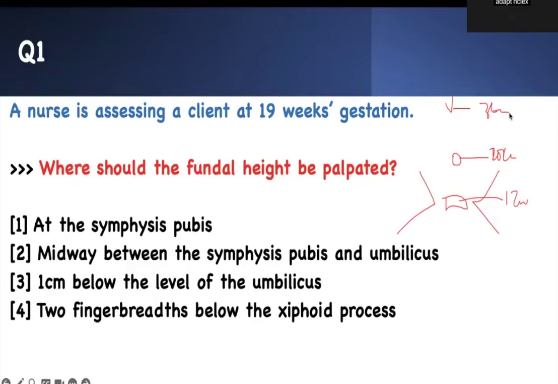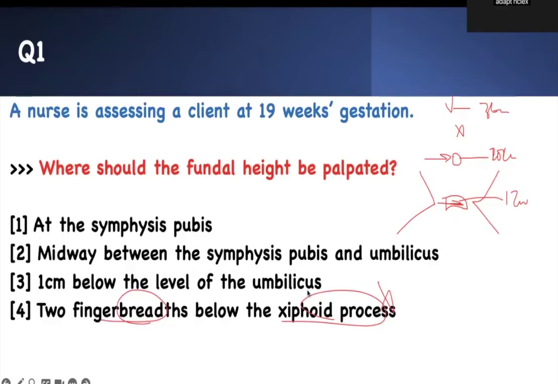So if I'm 19 weeks, I cannot be at the pubic symphysis. I should be close to the umbilicus. Therefore, I'm picking an answer choice close to the umbilicus. I cannot be above the umbilicus. Therefore, 2 finger breadths below the xiphoid process is gone.